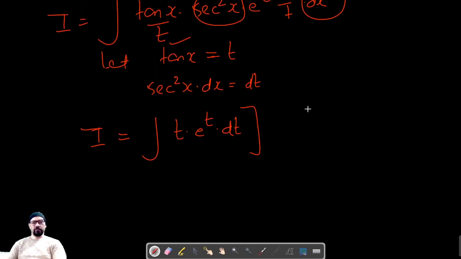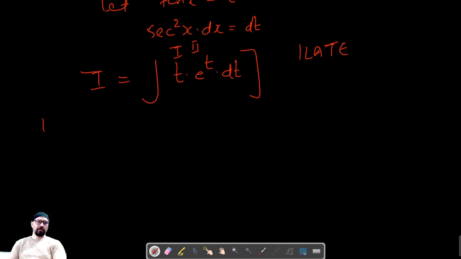For this, we are going to use integration by parts, where t is our first function and e raised to the power t is our second function.